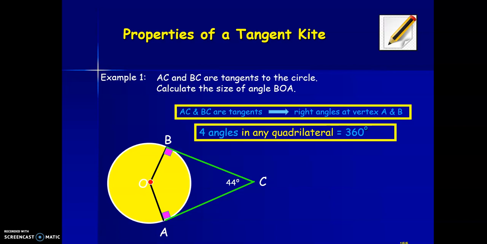So to find angle BOA, we add up the three angles that we know, 90 plus 90 plus 44. That gives us 224 degrees. And we will take that answer away from 360 degrees. So that gives us a final value of 116 degrees for angle BOA.